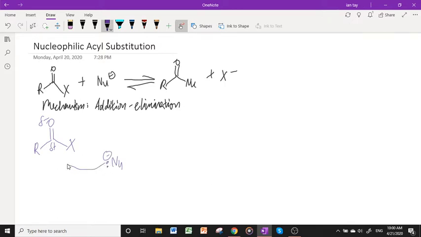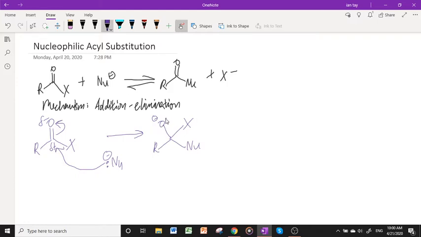So the nucleophile attacks, and then because the carbon cannot have more than 4 bonds, one of the bonds has to break, and you will agree with me that the weakest bond over here would be the C=O pi bond, because pi bonds are generally weaker than sigma bonds. So the pi bond will break, and this gives us a tetrahedral anionic intermediate over here.